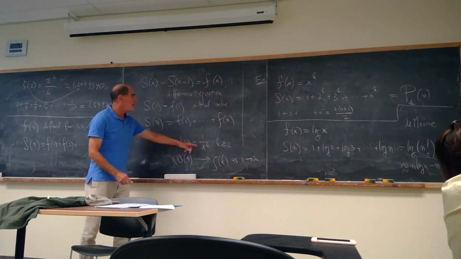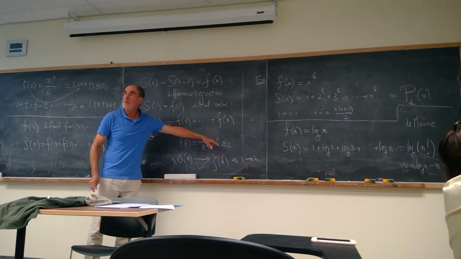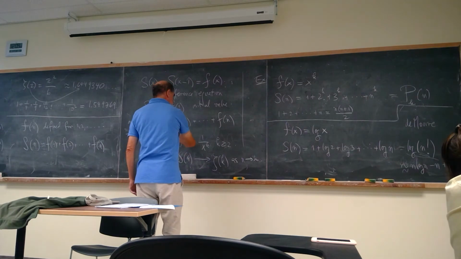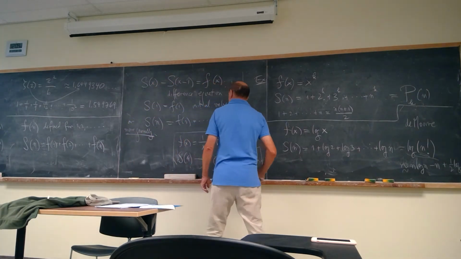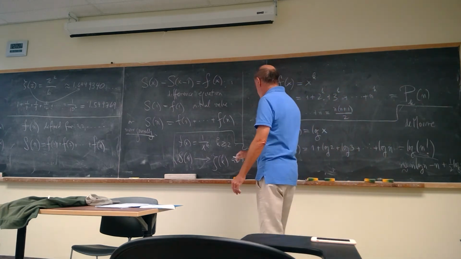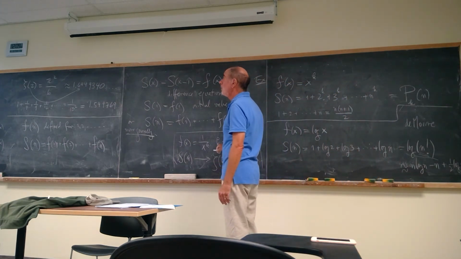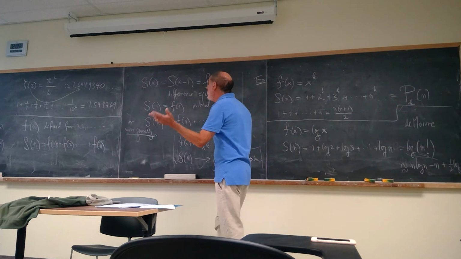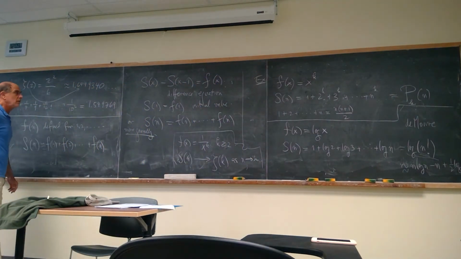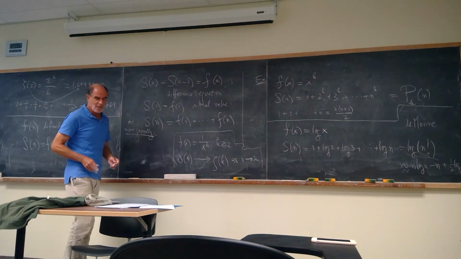Because you're getting 1 over 2 squared, 3 squared, 4 squared. And so if he can get a good formula when f of x is this, and he gets a formula for s of x, or some approximation to s of x, he'll have a way of calculating zeta of k, for k at least 2. And here you could do it for zeta of 3, zeta of 4. I mean, nothing was wrong with doing odd values either. It worked in all cases. Okay, so how did Euler do this?